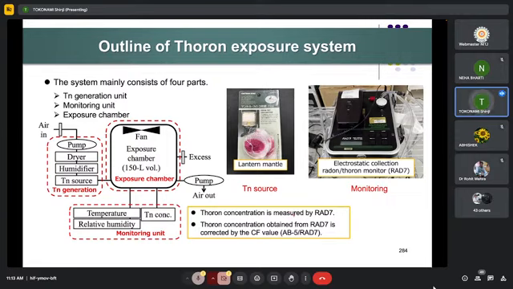Thoron concentration is measured by RAD7. This device is based on the electrostatic collection method. We are using lantern mantles as a thoron source because this mantle contains relatively high thorium-232. Thoron concentration obtained from RAD7 is corrected by the conversion factor value with the scintillation cell technique.